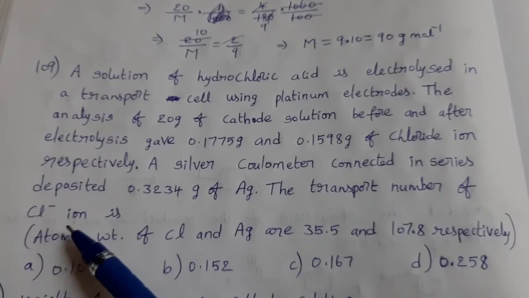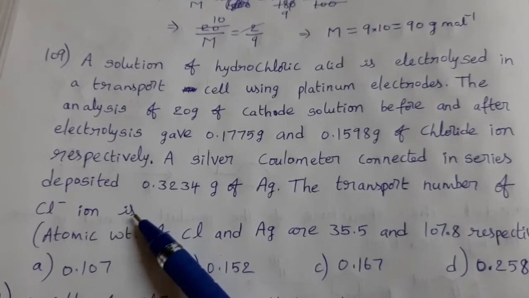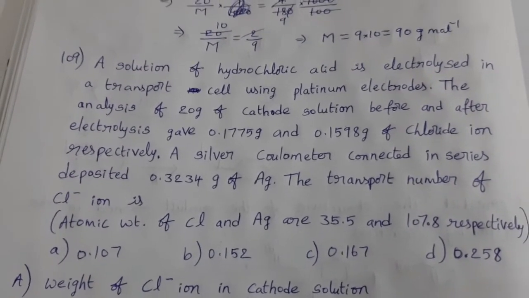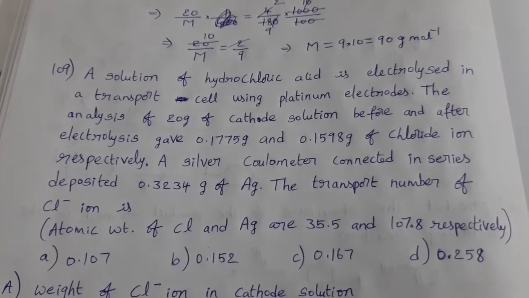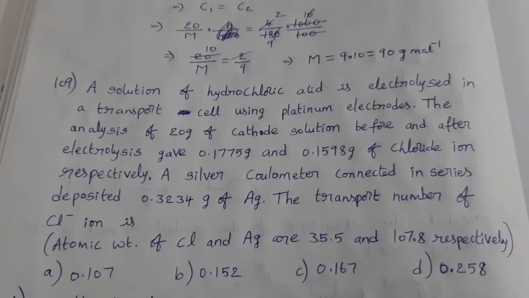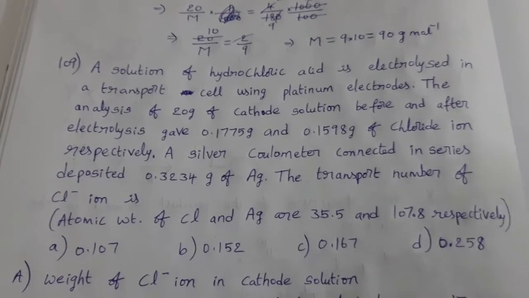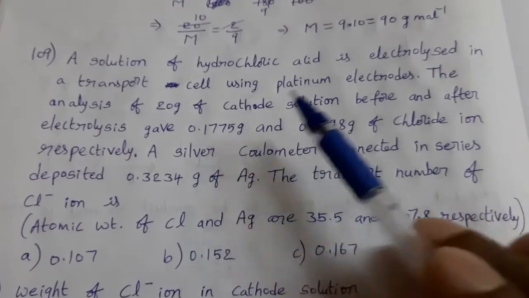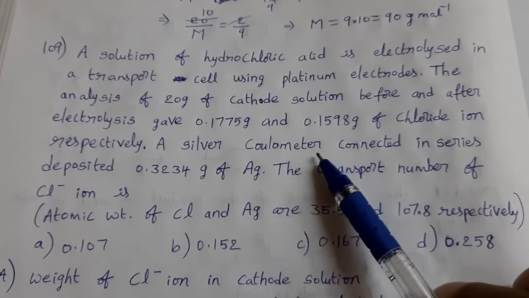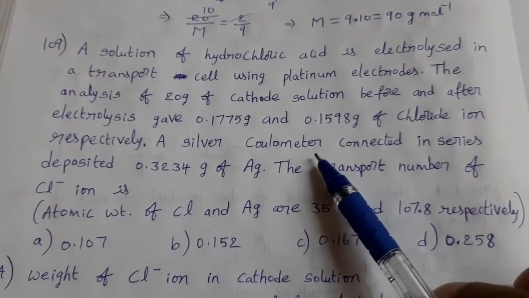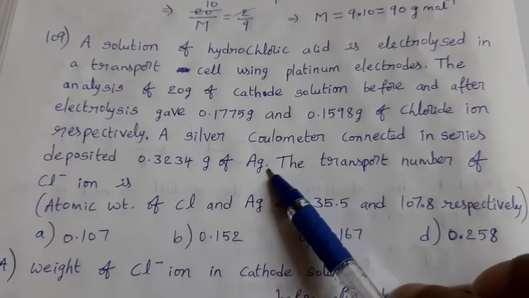The transport number of Cl minus ion is? Okay, hydrochloric acid is electrolyzed. Then what happens? Before electrolysis, 20 grams of cathode solution gives this much weight of chloride ions. After electrolysis, this much weight of chloride ions. A coulometer is also connected. In that, this much weight of silver is deposited.